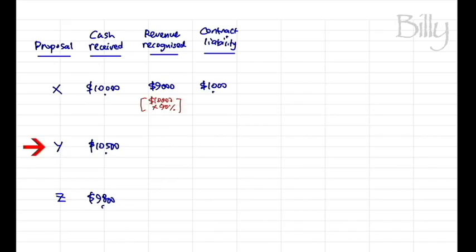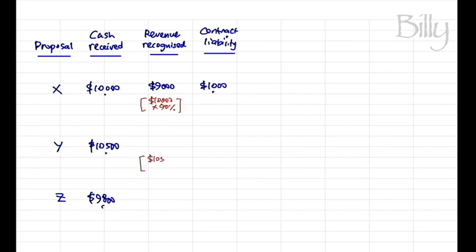For Proposal Y, although the company expects 10% to be subject to return, given that this is a new customer, the customer can return up to 30%. On a prudent basis, the 20% we cannot recognize as revenue yet. The 20% is still considered a contract liability because we cannot conclude that it is highly probable that there will not be a significant reversal for these 20%.